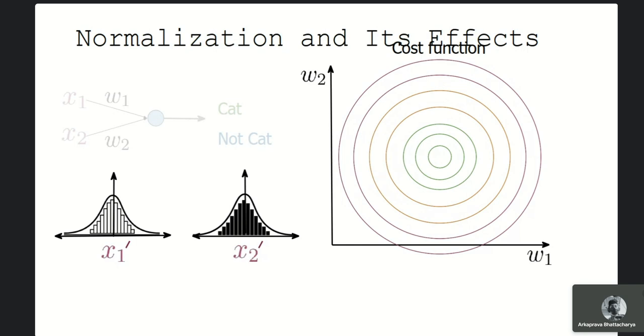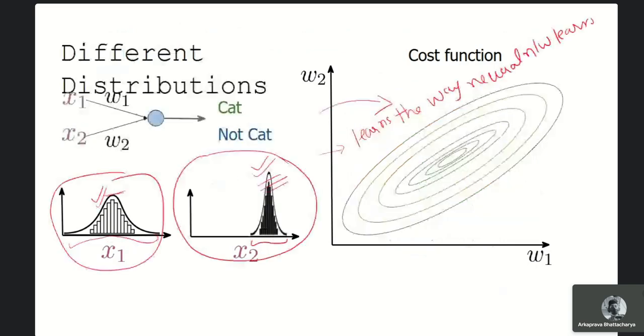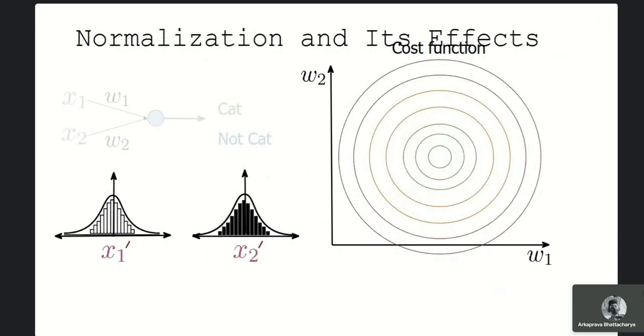But if we normalize our input variables x1 and x2, then the cost function will look much smoother and more balanced. So you can see here we have normalized x1 and x2. Their distributions were earlier like this, what we have shown here. And now when we normalize our inputs, we have zero-centered the mean, and the standard deviation is also near 1.